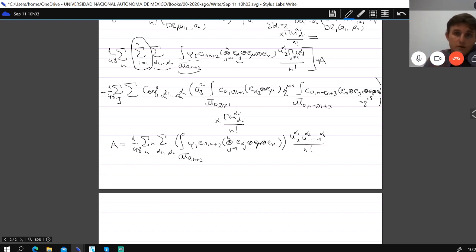Then this n, with this n factorial, we get (n minus 1) factorial here.